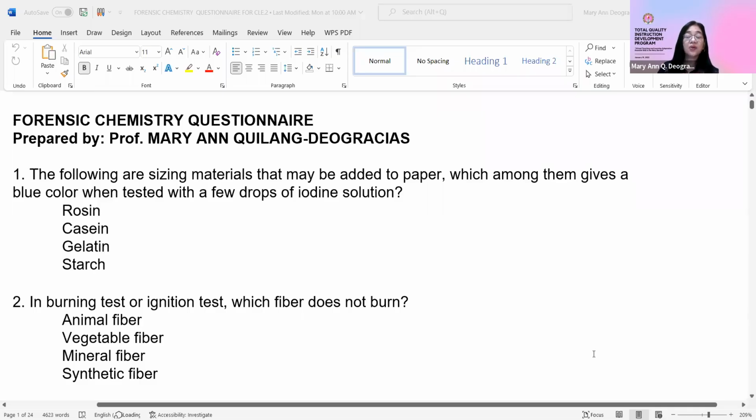So once our unknown is positive for iodine and gives a blue color, the sizing material present in the paper is starch. The positive result for rosin is a brown color, casein gives a pink color with Millon's reagent, and a yellow precipitate indicates the presence of gelatin.